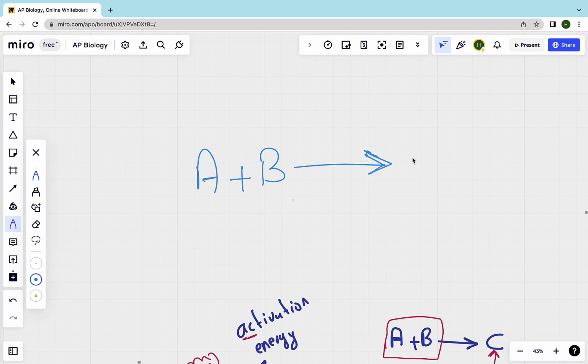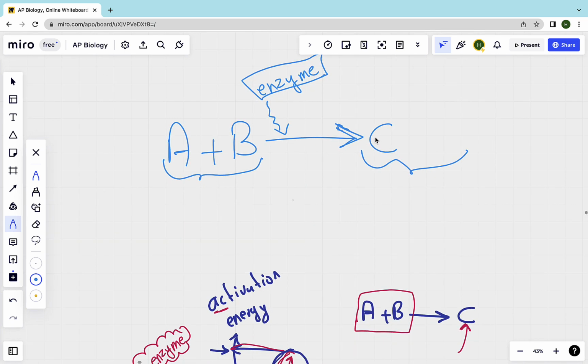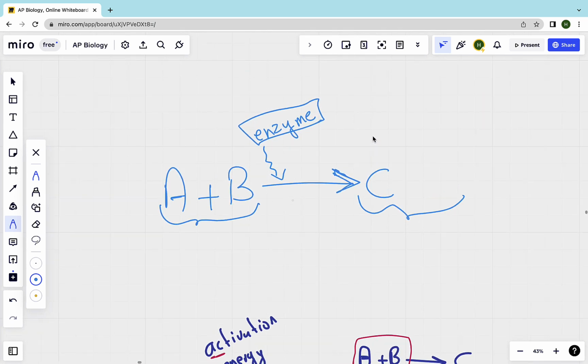Because they're not chemically changed during the reaction. Yes. I don't add enzyme in the reactant or in the product. There is no place for the enzyme. It's not consumed. It's not produced. But it will change its shape during the reaction. Then it will return back to its normal.